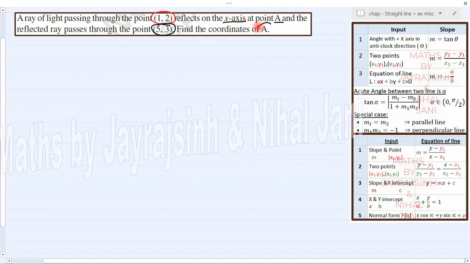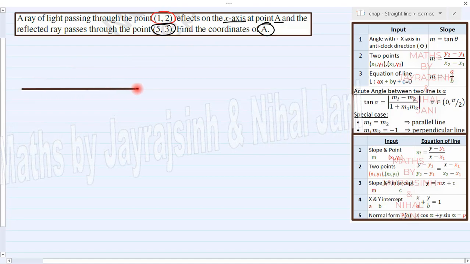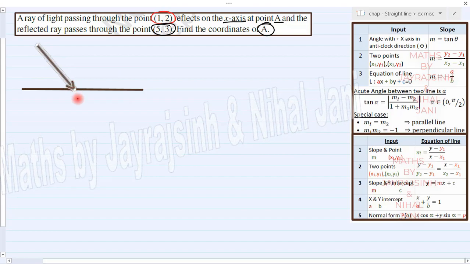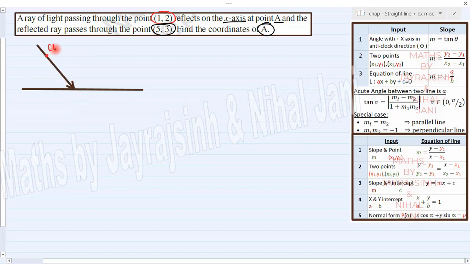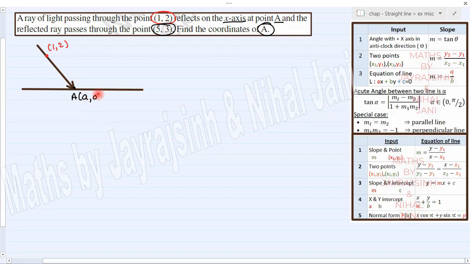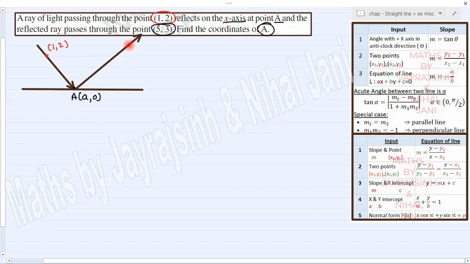So we have to find the coordinates of A. Let's say this is your x-axis, and we have one ray which is passing from the point (1, 2) and incident at point A. Let's say its coordinates will be (a, 0) because it is on the x-axis. Now it will be reflected back and passing through the point (5, 3).